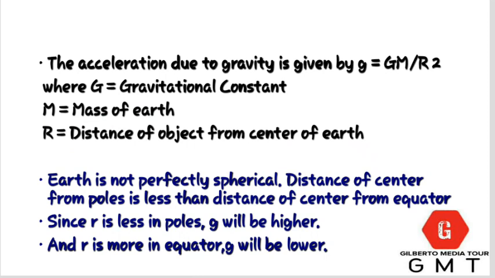The Earth is not perfectly spherical. The distance of the center from the pole is less than the distance of the center from the equator. Since the distance is less at the pole, g will be higher, and since the distance is more at the equator, g will be lower. This is the reason.